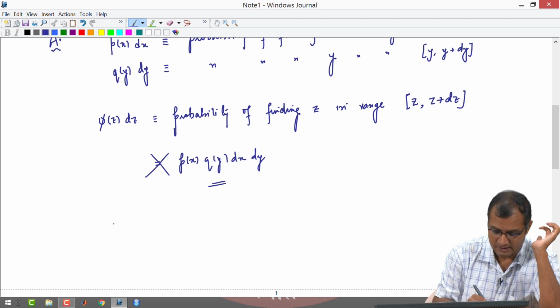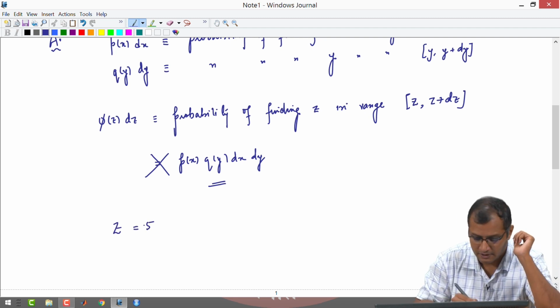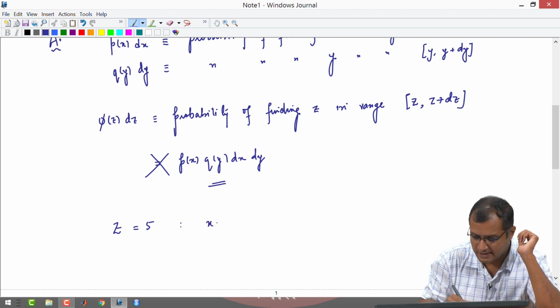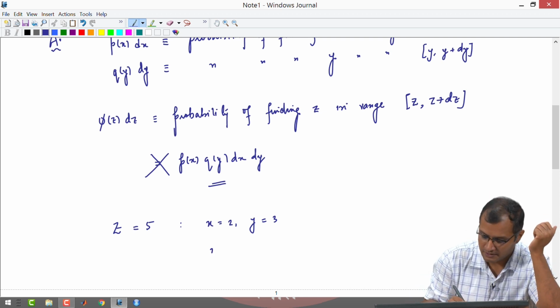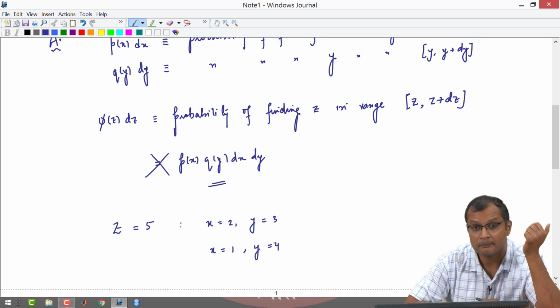For example, if you take z as 5, okay, this can be done by taking x as 2 and y as 3. It can also be obtained by taking x as 1 and y as 4. Okay.